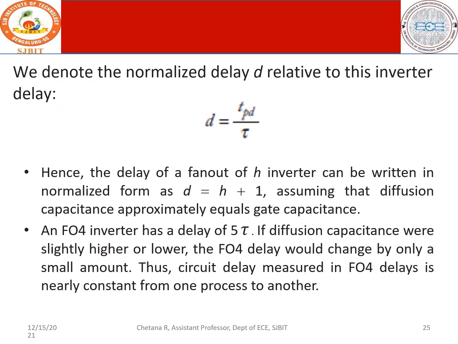Next we have another representation. Normalized delay is called D, which is given by the propagation delay divided by tau, the inverter delay.